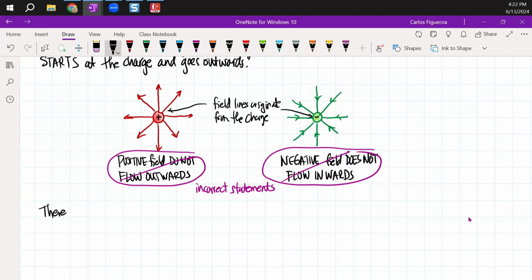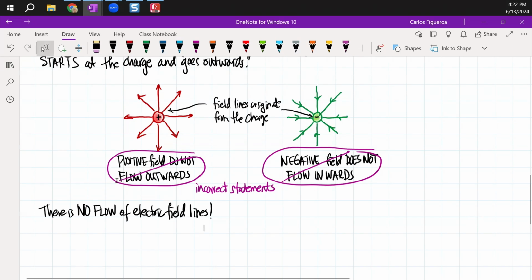There is no flow of electric field lines. And I don't care what anybody online says, that is not correct. Once an electric field is established, it's there. It goes through all of space.